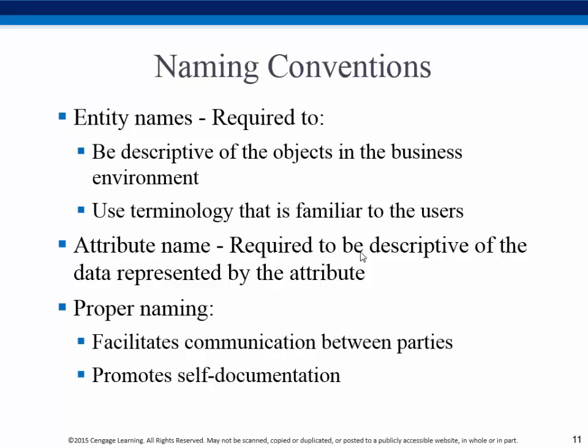The use of a proper naming convention will improve the data model's ability to facilitate communication among the designer, application programmer, and the end user. In fact, a proper naming convention can go a long way toward making your model self-documenting, which means that you can look at it and read everything and know what's going on without having a set of documentation to explain it.